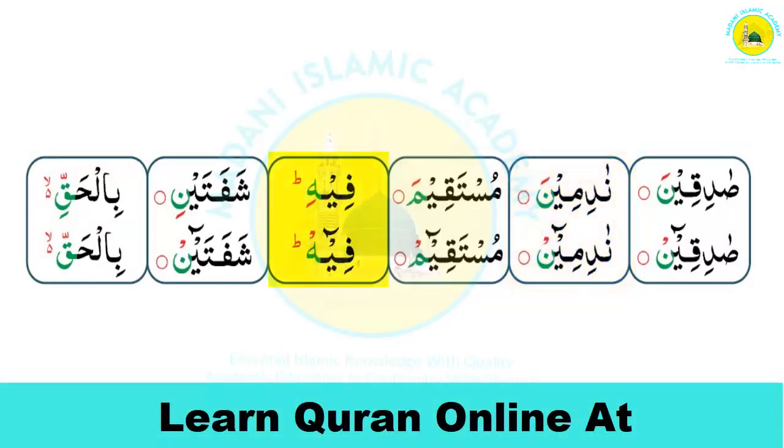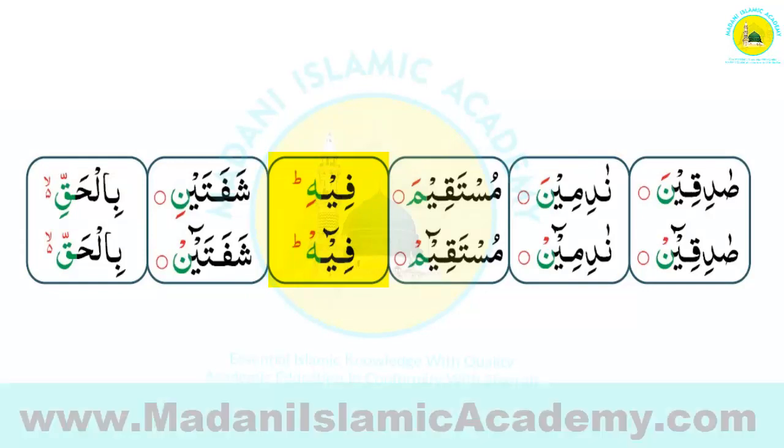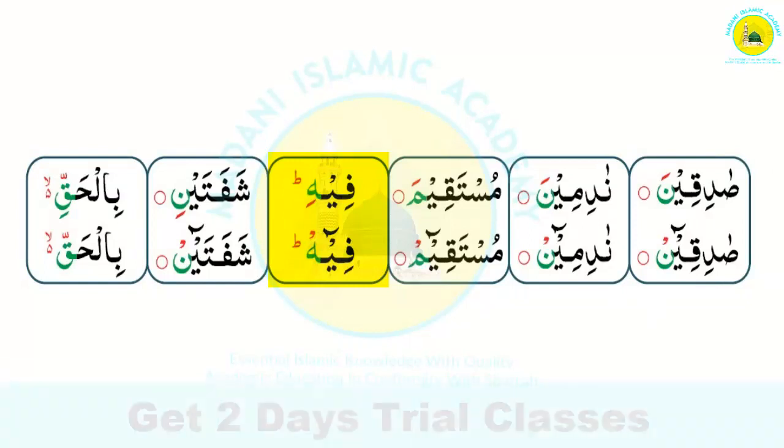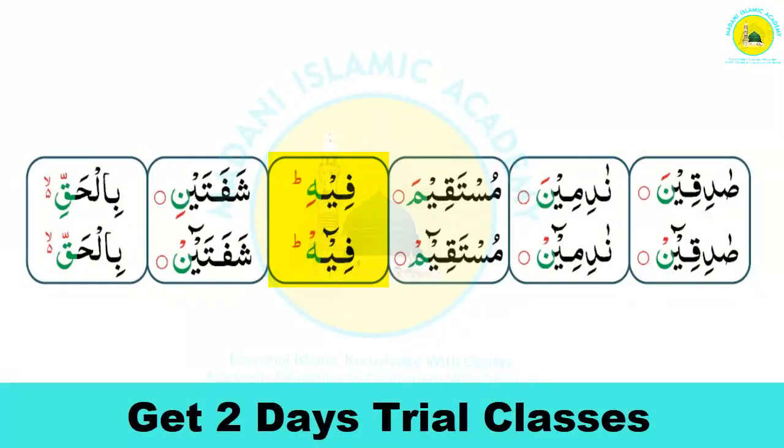So here, if you look at it, fihi. Now ta is also a letter of a verse end, which means that we should stop here. So when we stop, what we do is we do fih. Yeah, again madde arid. We take off the zir and we join all of them three together.